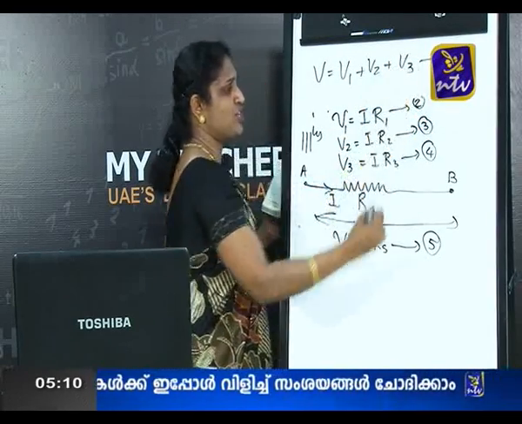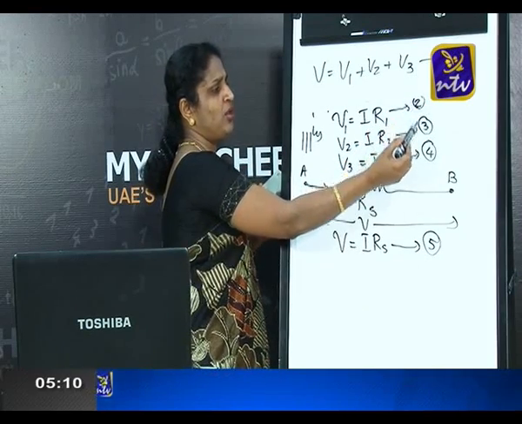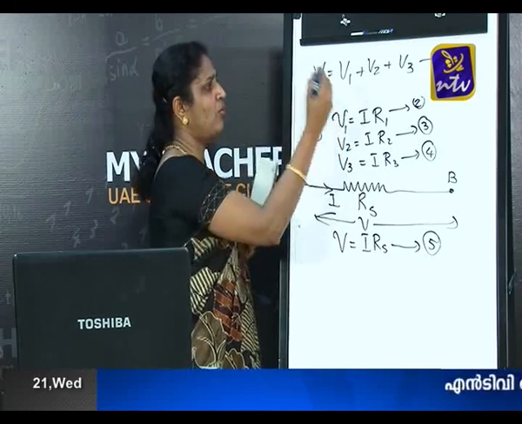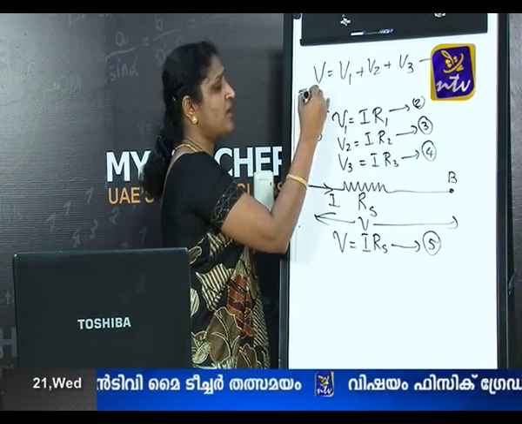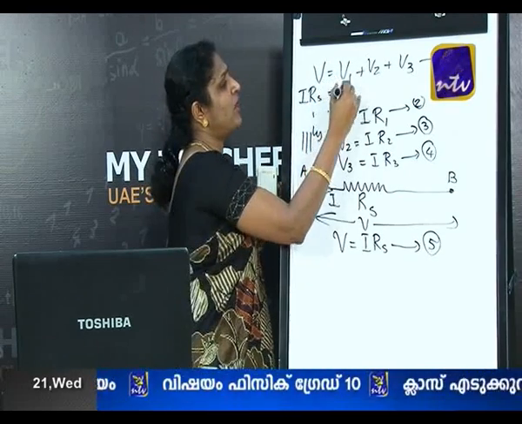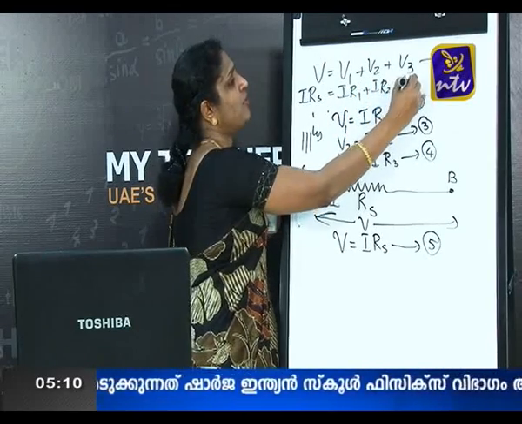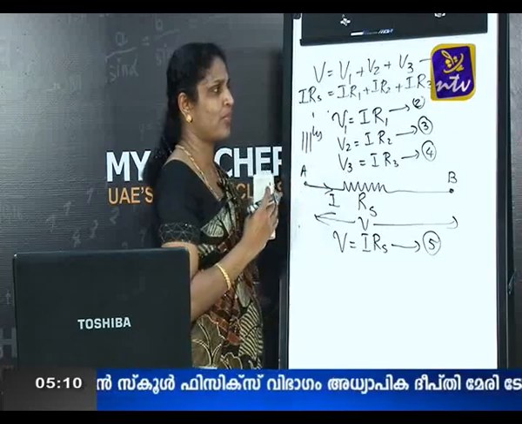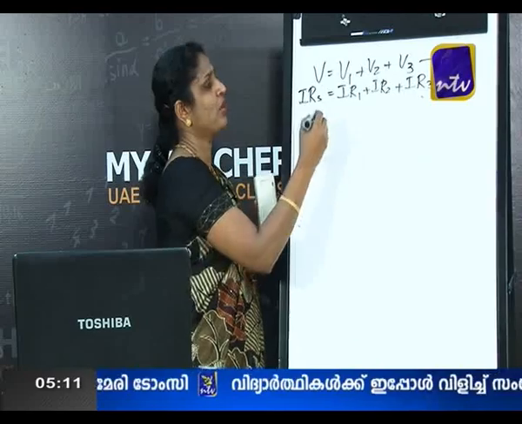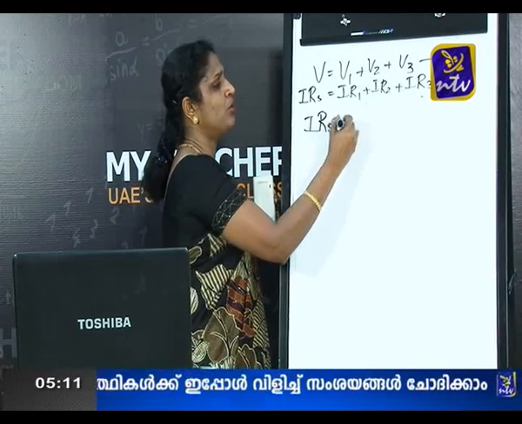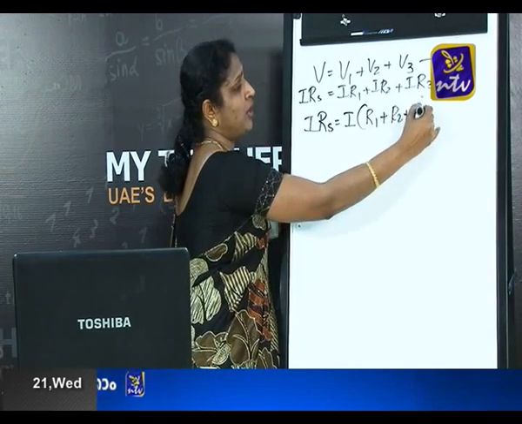Into this first equation, let us substitute equations 2, 3, 4 and 5. Substituting V as IRs, V1 as IR1, V2 as IR2 and V3 as IR3, we get I common on the right side: IRs is equal to I into R1 plus R2 plus R3.